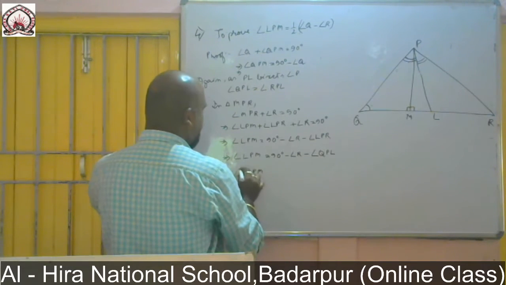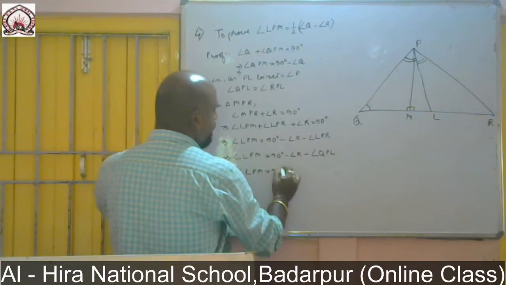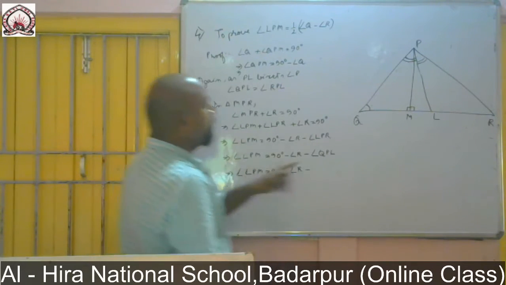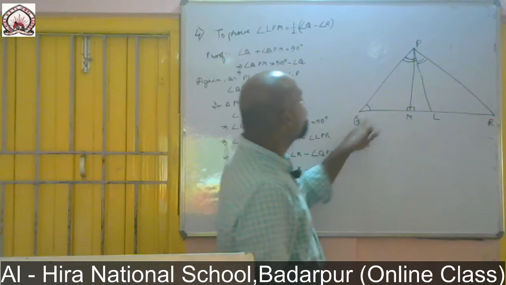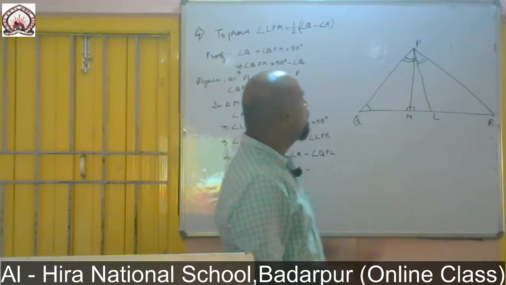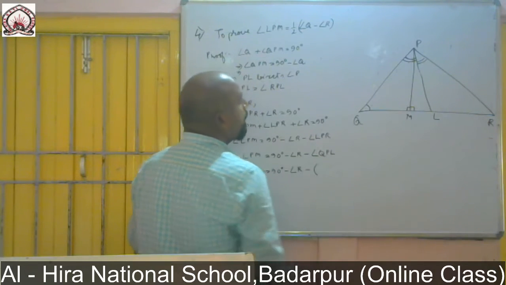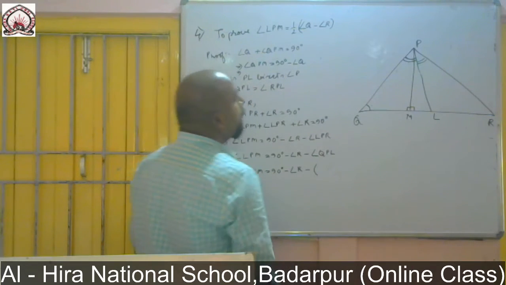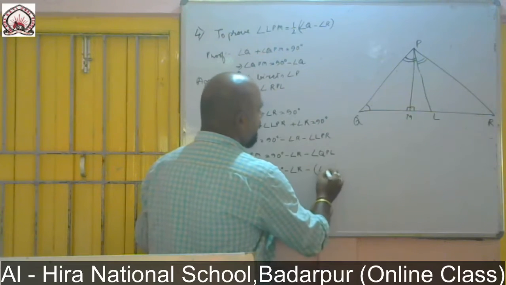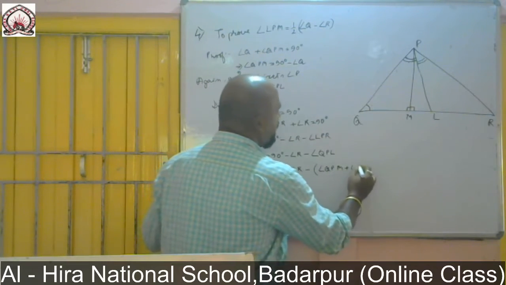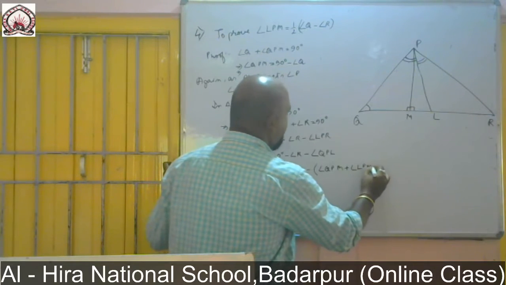Implies LPM equal to 90 degree minus angle R minus. Now what we are getting, QPL is nothing but angle QPM plus angle LPM.